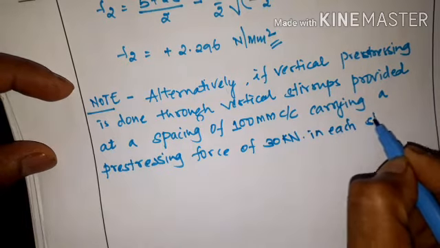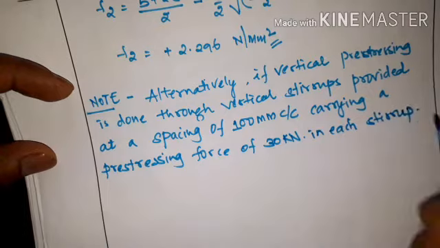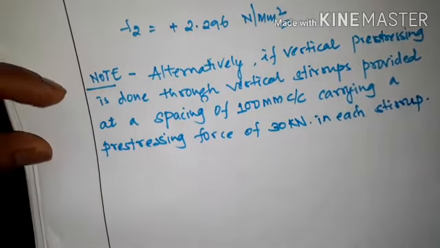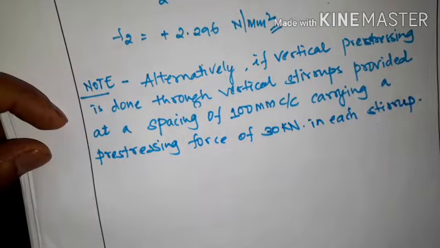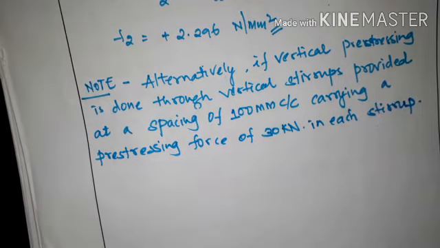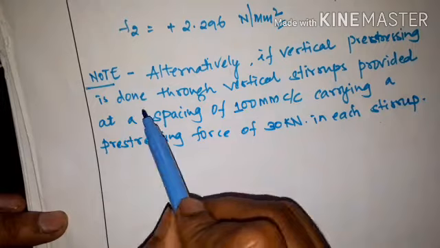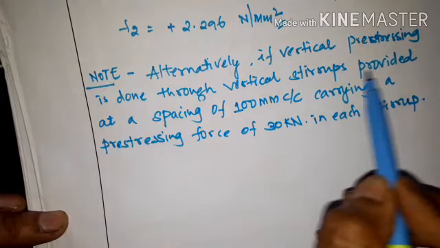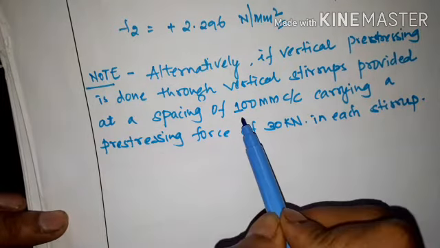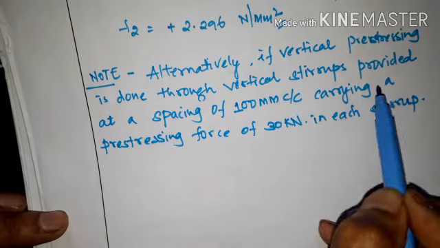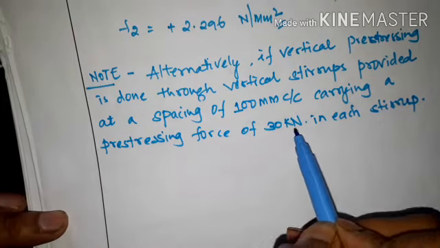Okay. So in the exam, suppose it is given like this, without giving the pre-stress in the cable directly as 2.5 Newton per mm square like the above problem, but instead it says vertical pre-stressing is done through vertical stirrups provided at a spacing of 100 mm center to center, carrying a pre-stressing force of 30 kilonewton in each stirrup.